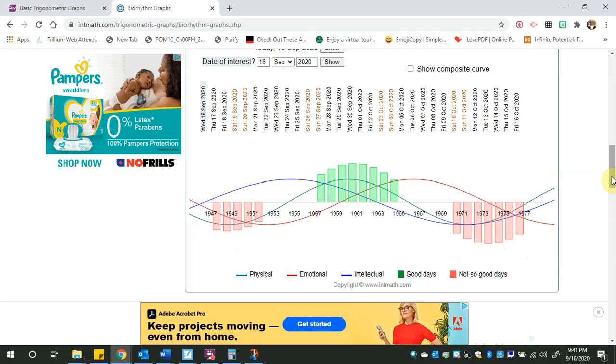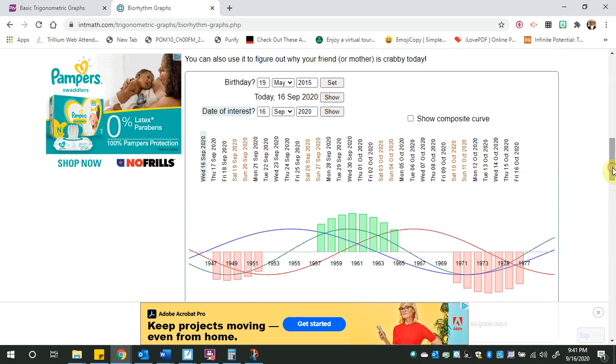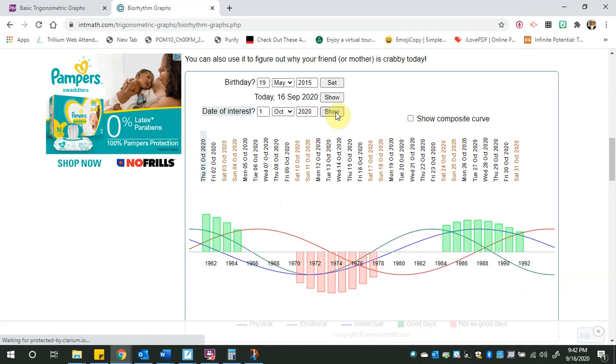I want to find out what she feels like, or what she might feel like on, let's say, October 1st. So I can predict the future, or I can check the past. And I'm going to show this. So here's October 1st, which I might have been able to see on that last one.